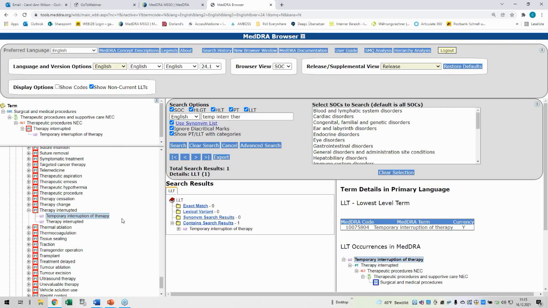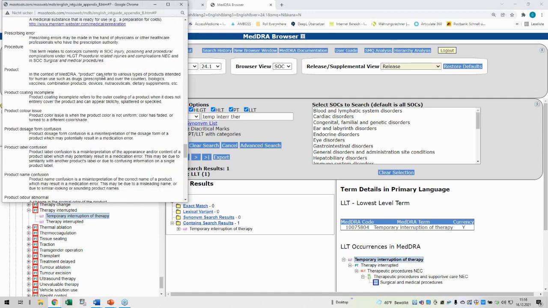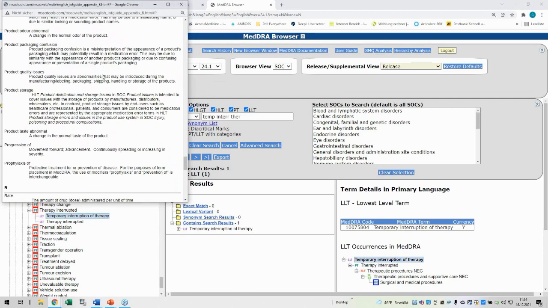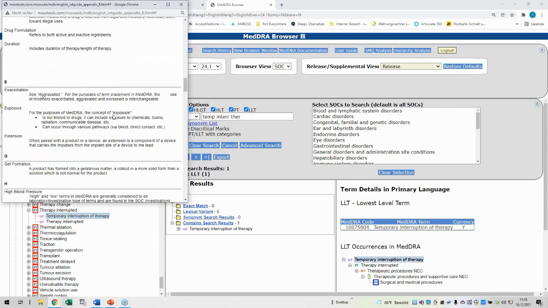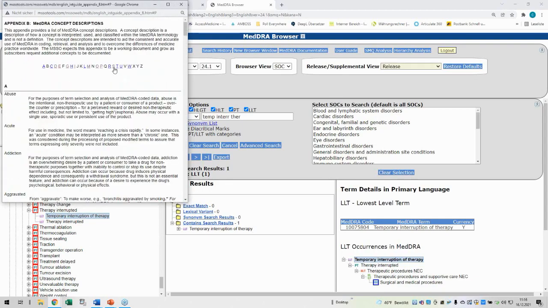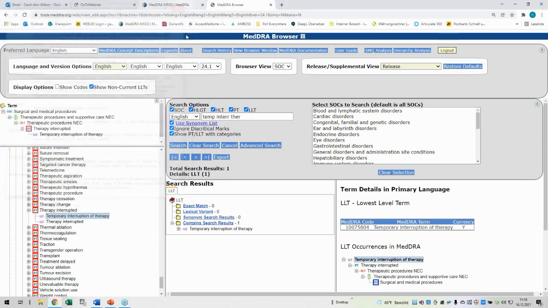I have to admit, for me, I selected availability, but I agree, supply issue would maybe also be an option. Let me check the concept description, whether there is any product supply, label, packaging, storage. No, it's not there. Maybe it's under S, supply. No guidance in the concept descriptions.